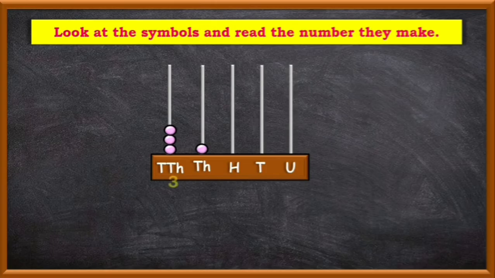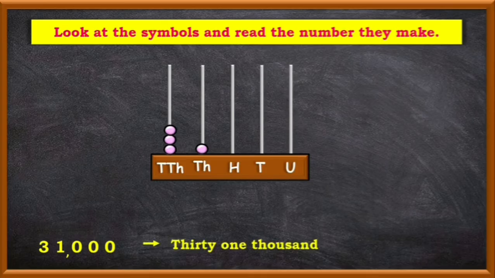Now here we have 3 beads in 10,000s place, 1 bead in thousands place, and 0 bead in hundreds place, 0 in tens place, and 0 in units place. So this number is read as 31,000.